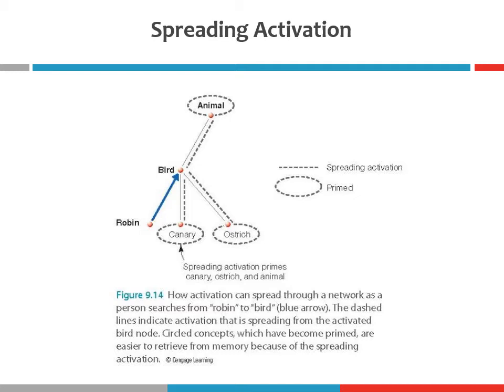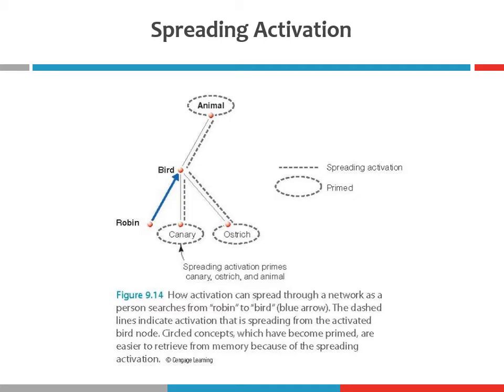The result is that additional concepts that receive this activation become primed so that they're retrieved more easily from memory. So how do we know that this idea of spreading activation is correct? Not only is it going to be easier for you to think of robin, but also canary and ostrich, right?